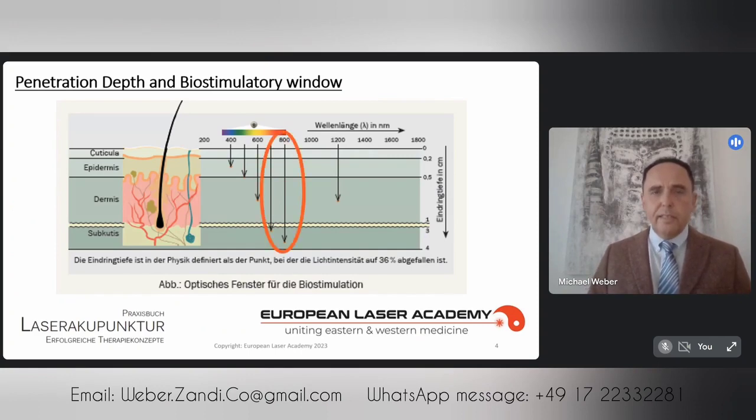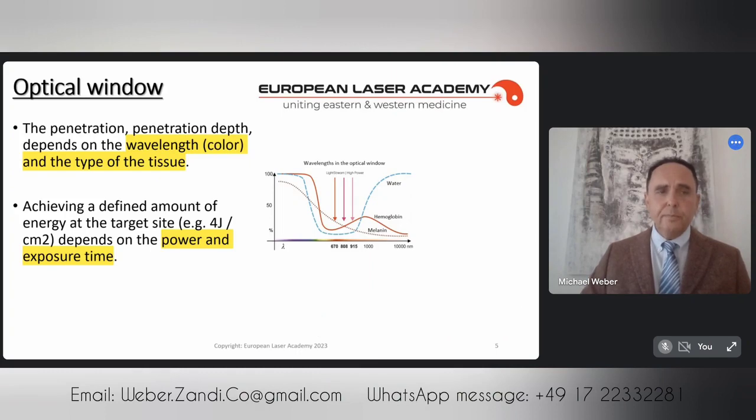Basically, it's the visible red and the non-visible near-infrared light that gives deep penetration. Of course, for photomedicine we need the other wavelengths, the other colors as well, but they are of limited use for transdermal irradiation. Blue light, for example, is highly effective in infected wounds and other infectious skin diseases.